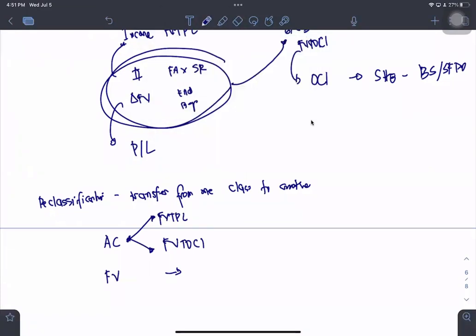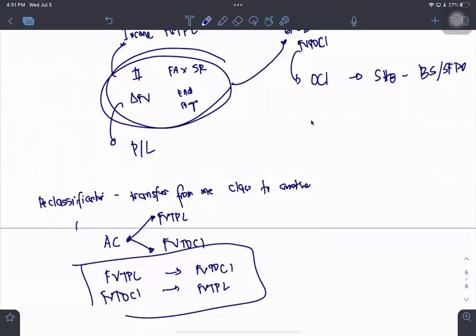So, if that is FVTPL, papuntang FVTOCI. If that is FVTOCI, papuntang FVTPL. Okay? Ganyan naman pag fair value. Sa amortized cost, pwedeng pabalik: FVTPL to amortized cost, FVTOCI to amortized cost, amortized cost to FVTPL, amortized cost to FVTOCI.